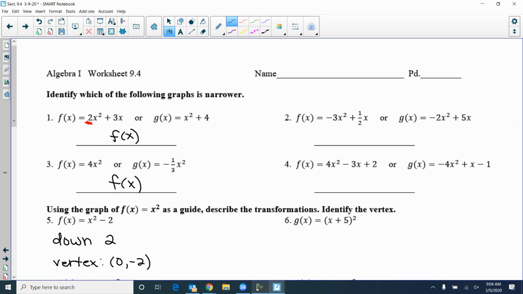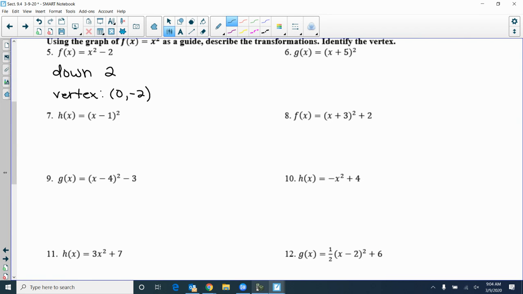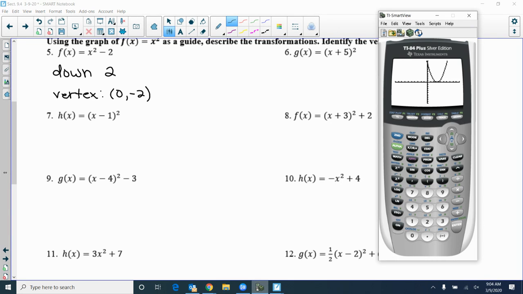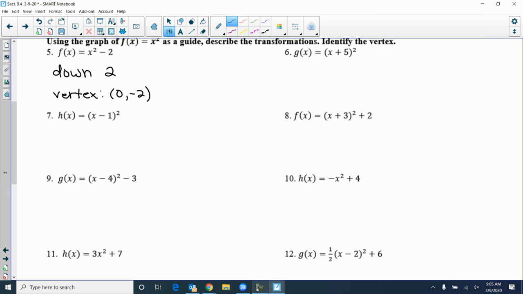So for this one, since you just have x minus 1 squared, if I graph it, usually it starts at (0, 0). You can see it moved over to the right one. That's all that's going to do. The parentheses move it left and right.